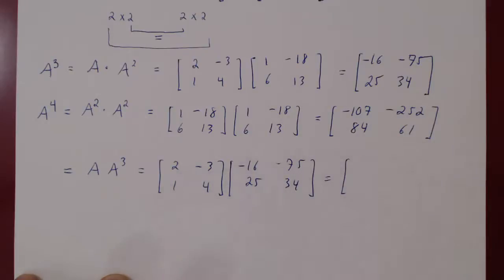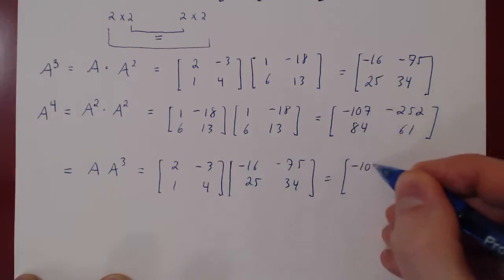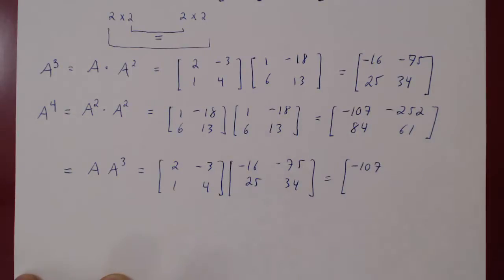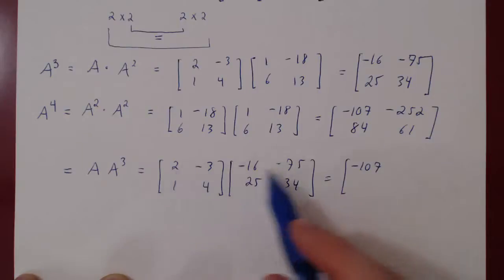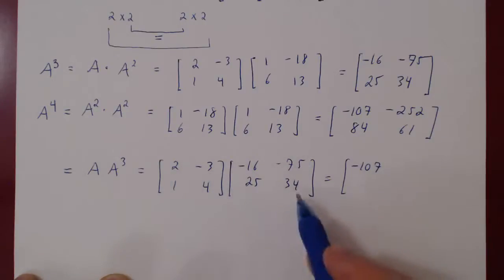So 2 times negative 16 plus 3 times negative 25, negative 107 as before. Second entry, 2 times negative 75 minus 3 times 34.